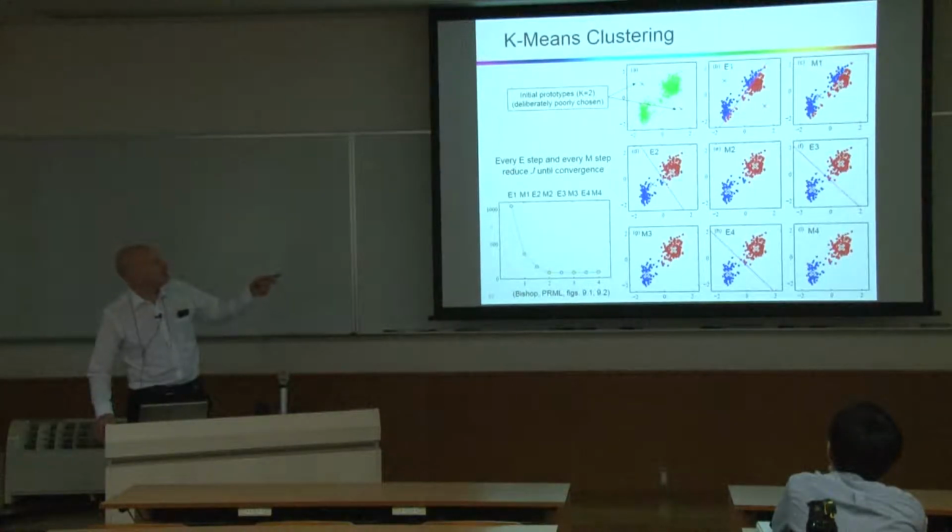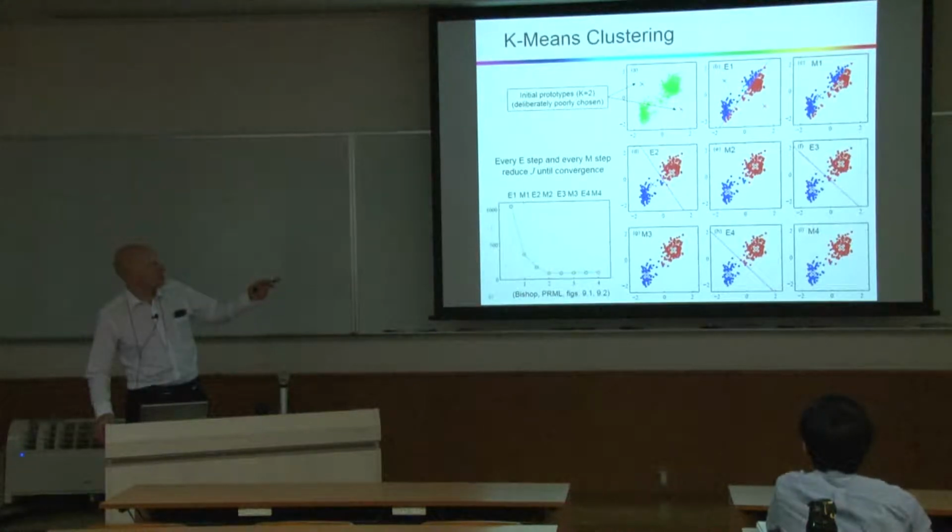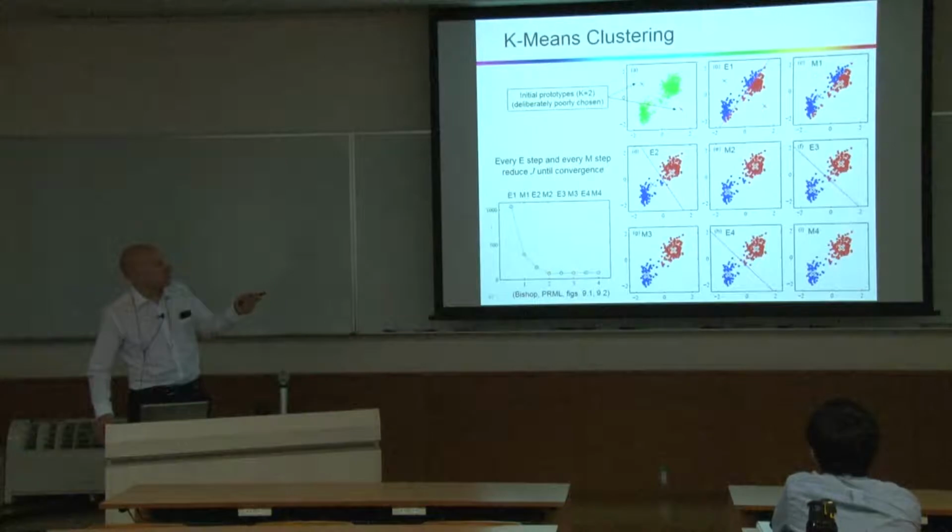So at the first E step, we're going to assign each of these points that's closer to the blue X to the blue class, and points closer to the red X get assigned to the red class. And they're colored accordingly. Then the first M step moves the red X and the blue X to the means of these colored points. There's the blue X there and there's the red X up there.